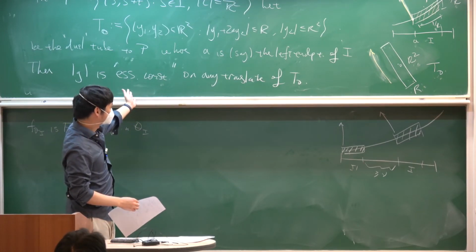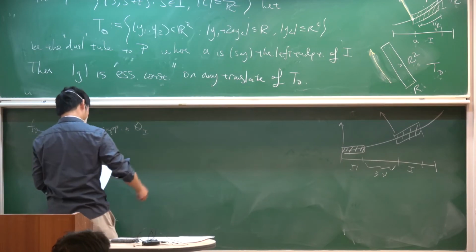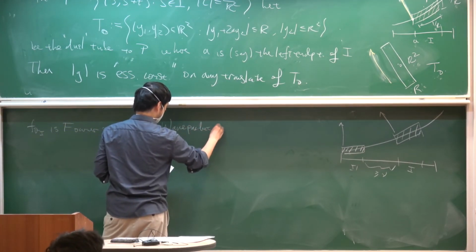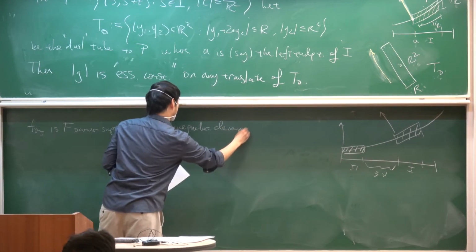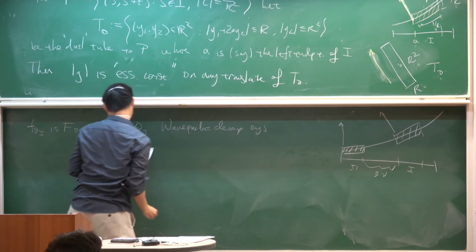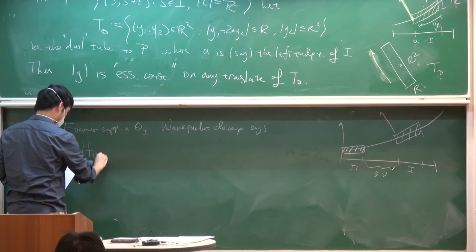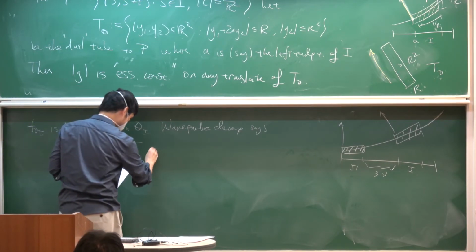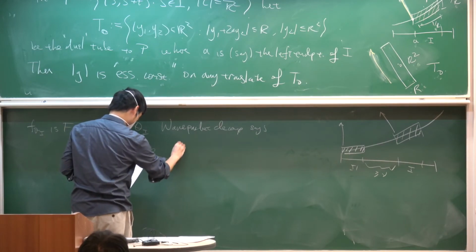So we're going to say then wave packet decomposition says that the absolute f theta I is basically some constants times some tubes.